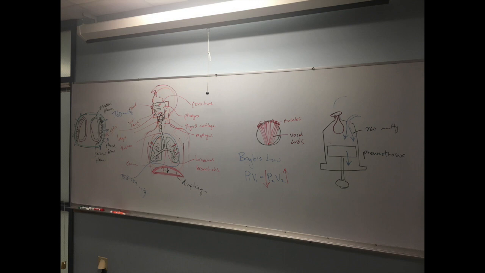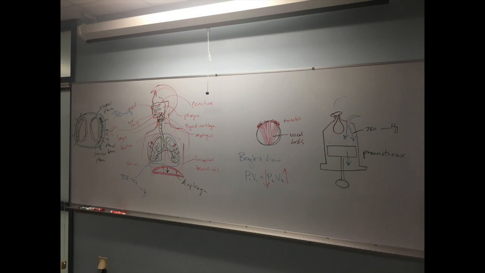So we'll say it's 760 millimeters of mercury, because it's open to the external environment. If we were to take the plunger and pull it this way, what does that do to the volume of that container? Bigger. It makes it bigger, all right? What does it do to the pressure inside this container? It decreases, okay? And that makes sense. When you pull that stopper, you create suction, okay? Air moves in, right?